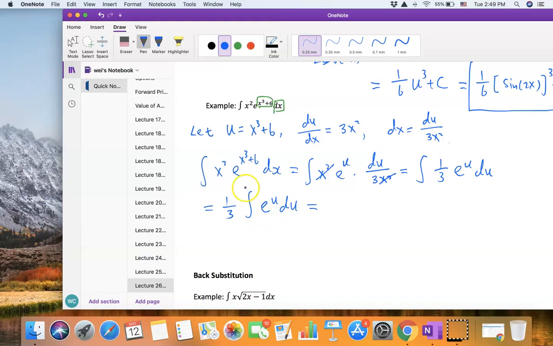So the solution to this integral is e to the u, and we multiply by 1/3. So the answer is 1/3 times e to the u plus a constant. So therefore, the antiderivative of this function, or the solution to this integral, is 1/3 times e to the power of x to the third plus 6, plus a constant.